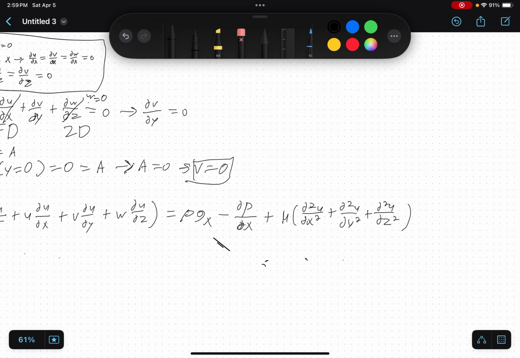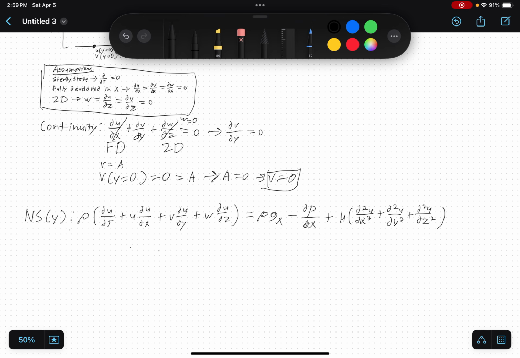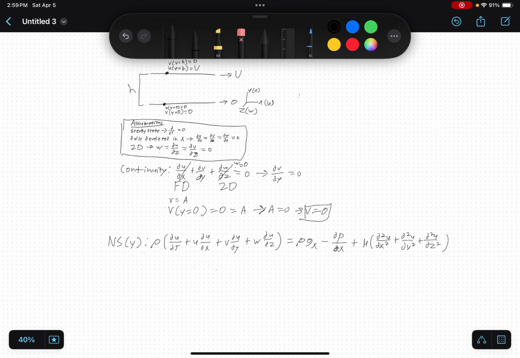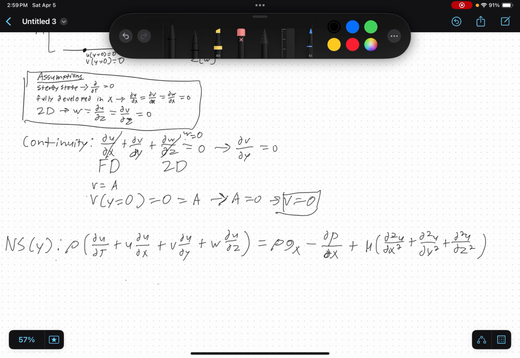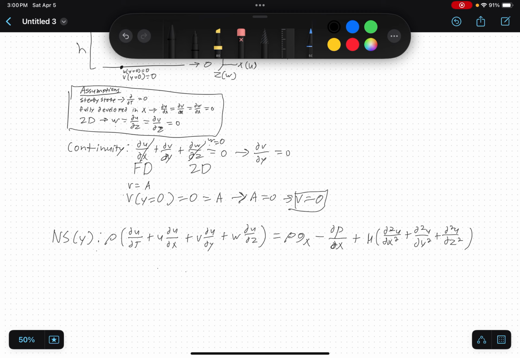It's a massive equation. You can't solve this on its own, so we need to apply our assumptions, and you will see it will cancel out almost all the terms.